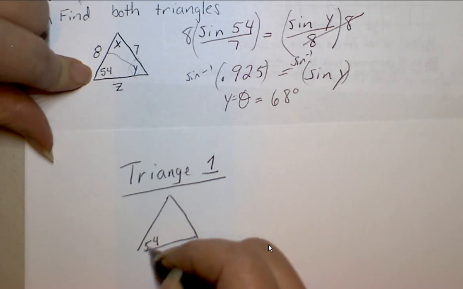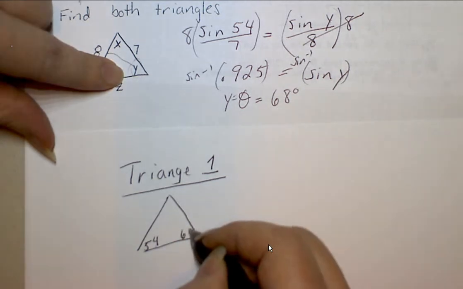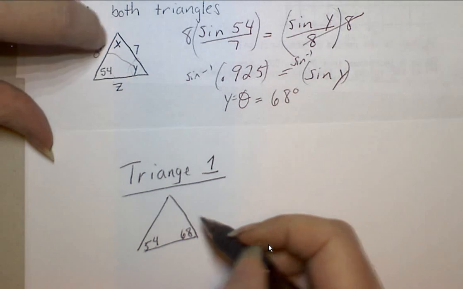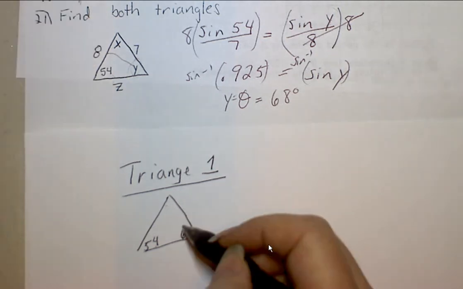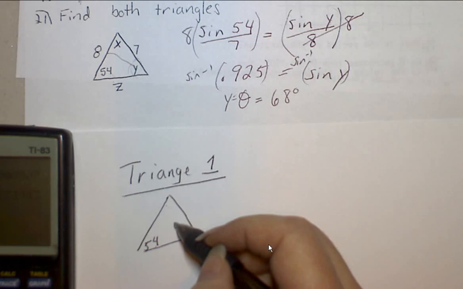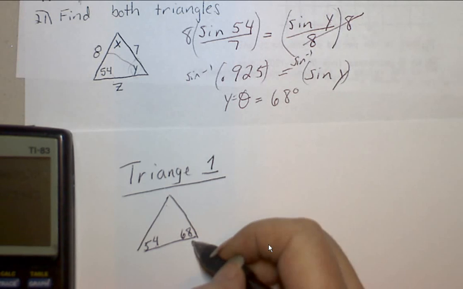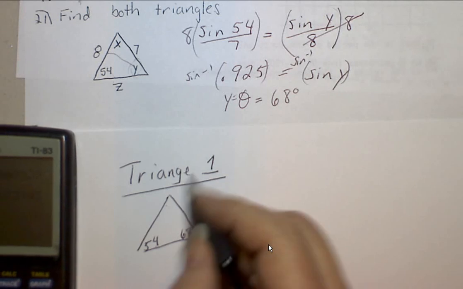We just found our 68, we just found this one right there, and now I have to find this angle up here. So I'm going to take 180 minus my 54 minus my 68, and that gives me 58.